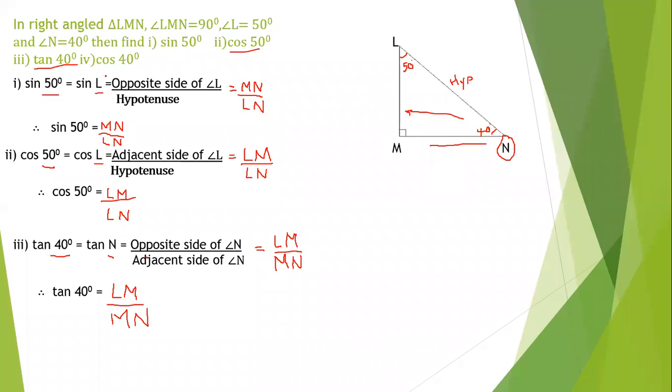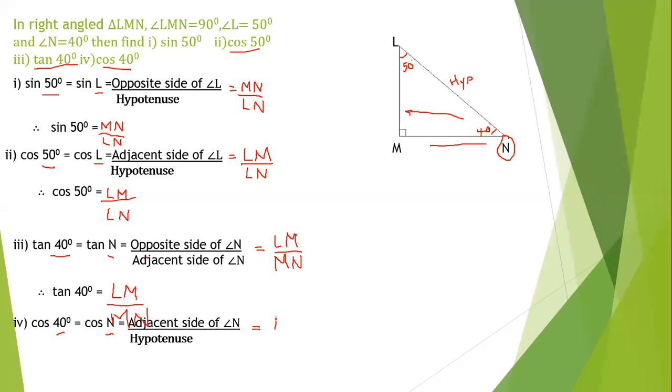The last one is cos 40 degree. So we will write first cos 40 degree equal to cos, and again it is 40 degree, means angle N. So we are writing here cos N equal to adjacent side of angle N upon hypotenuse. Now look at the figure, which side is adjacent to angle N? It is side MN, right?